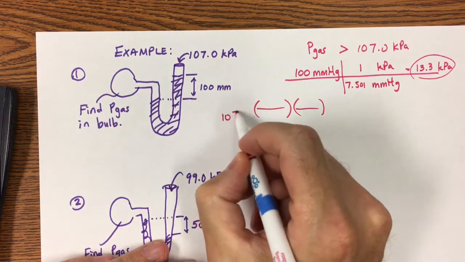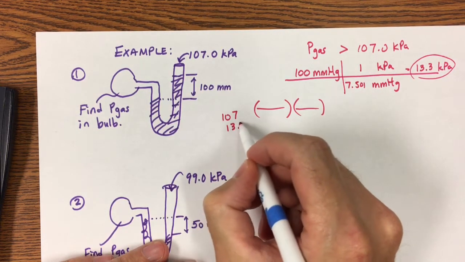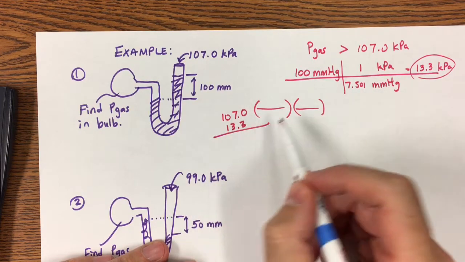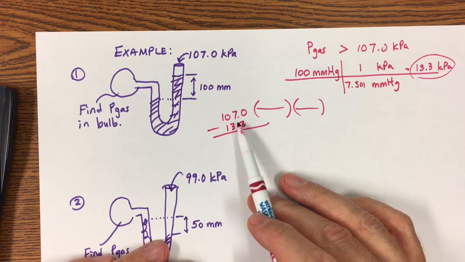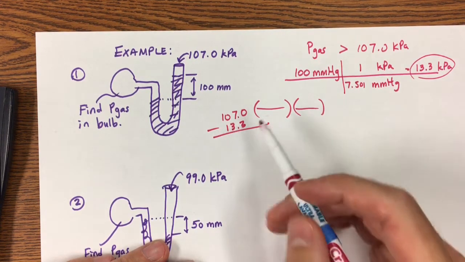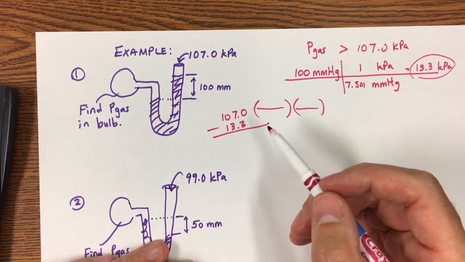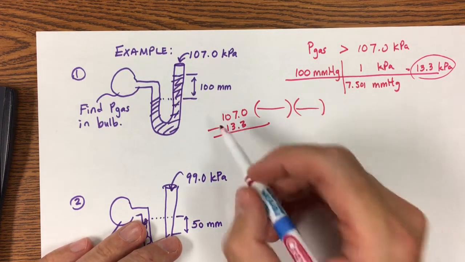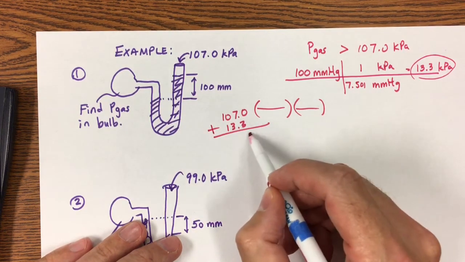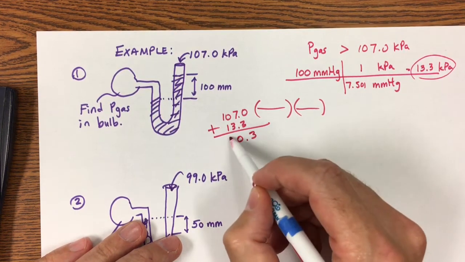I've got 107 and I've got 13.3, and I'm trying to decide whether to add or subtract, and I know that the answer should be greater than 107. So do I add or subtract? You tell me. The answer should be greater than 107. We add. That's going to give us an answer greater than 107.